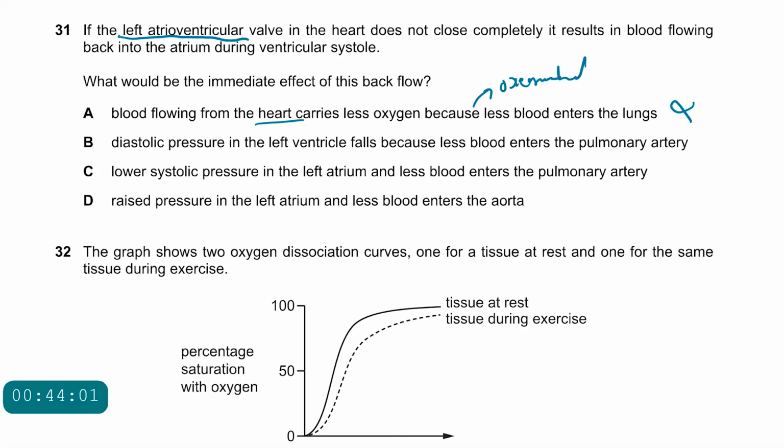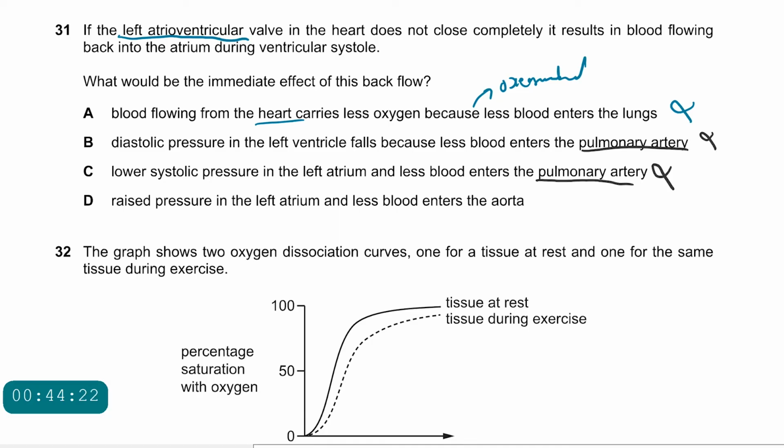B. Pressure in the left ventricle falls because less blood enters the pulmonary artery. This is incorrect because the pulmonary artery is from the right ventricle, not the left. C. Lower systolic pressure in the left atrium and less blood enters the pulmonary artery. This is also incorrect because of what we just talked about.